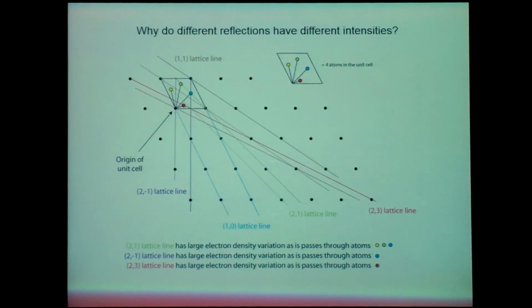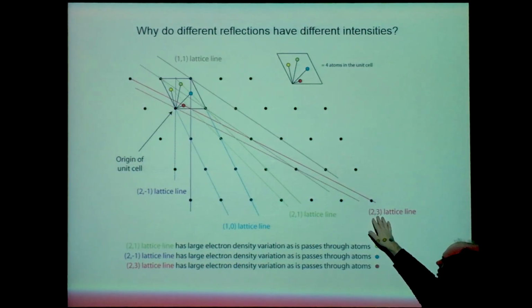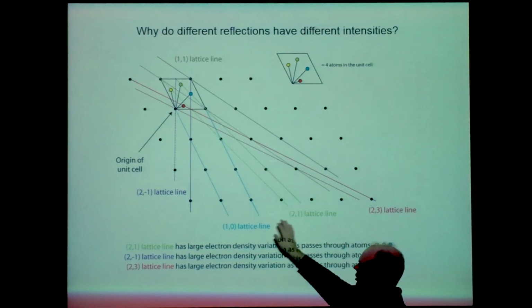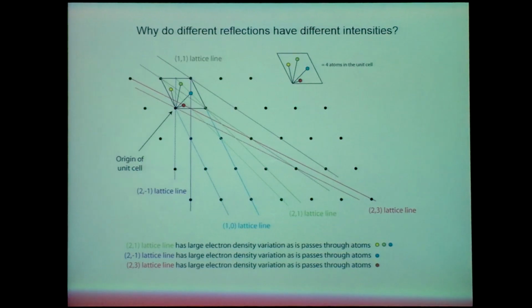Why do different reflections have different intensities? Well, if you remember last time, I showed you the different planes. So there's the 2, 3 lattice line, the 2, 1 lattice line, 1, 0, or 2, -1. And what I've done in this is I've put the 4 atoms in the unit cell, and I've put them into these planes.